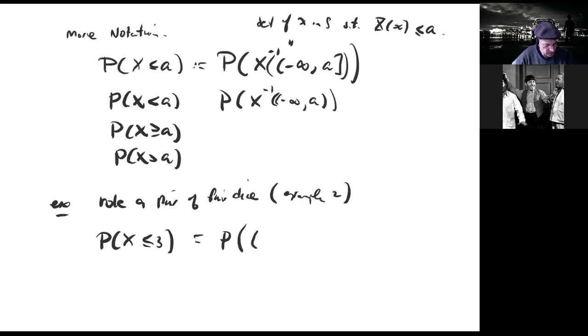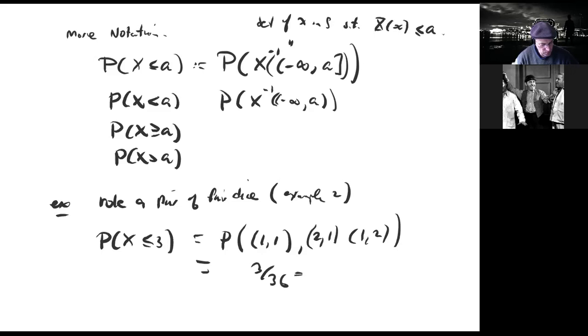The event is: you can get a pair of 1s, or you can get a 2 and a 1, or you can get a 1 and a 2. That's the only possibility of getting a sum of at most 3. So this would be 3 out of 36, or in other words, 1/12. Okay, so that's that.